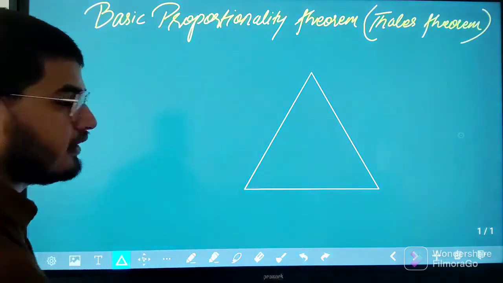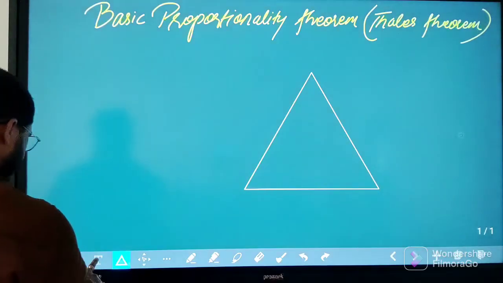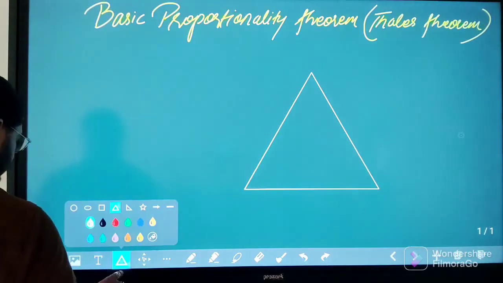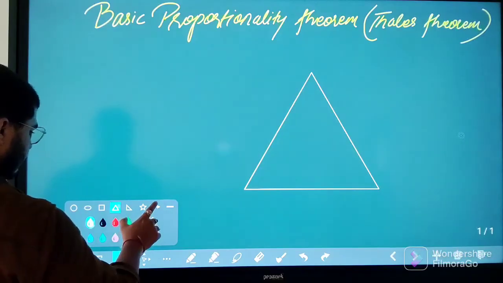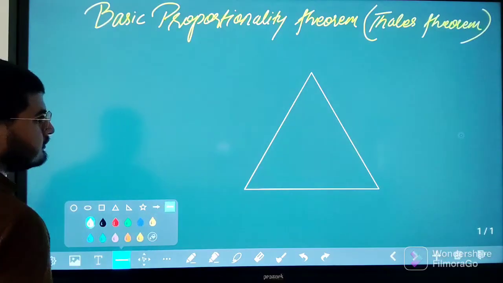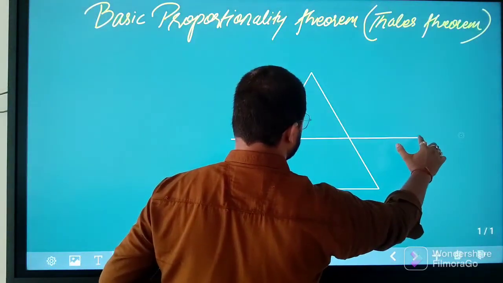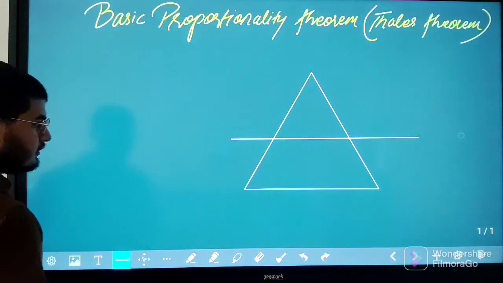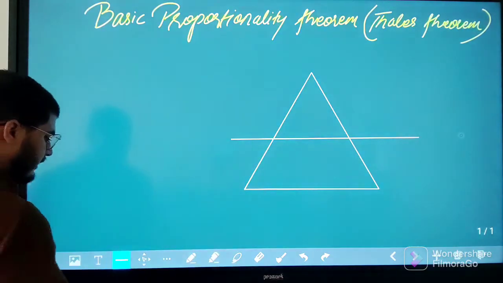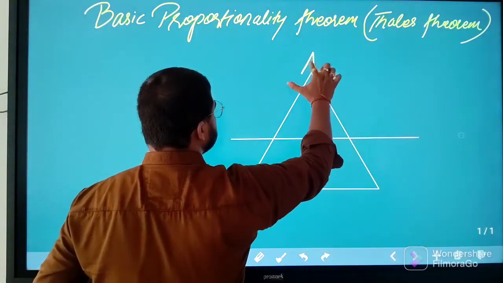If there is a triangle and there is a line which is parallel to one of the sides of the triangle. Let us name the vertices.